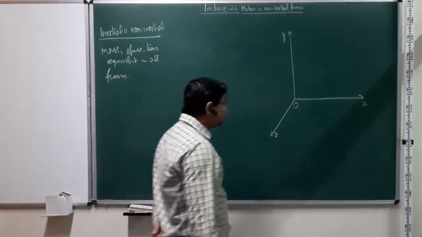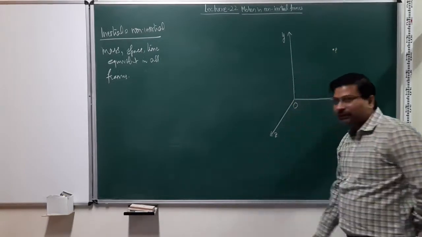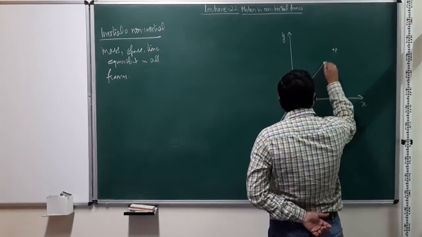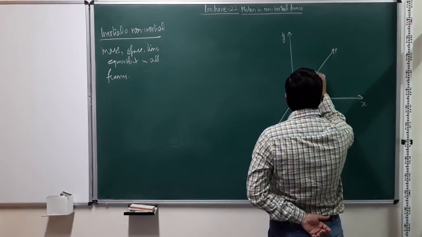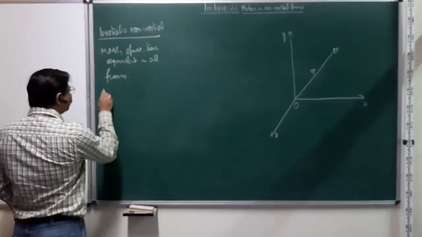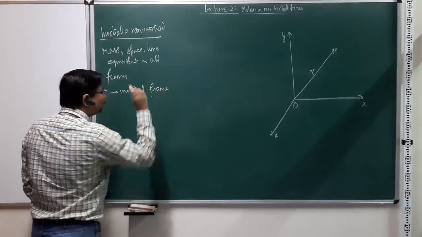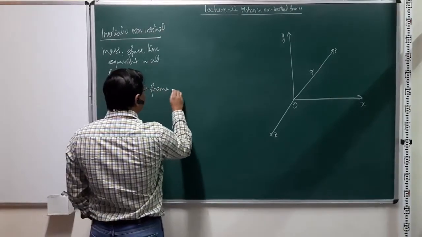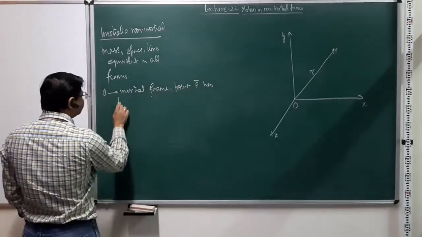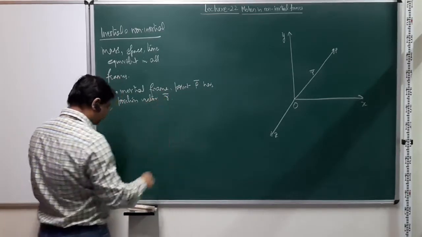Let us take a point particle here, call it P. Now, to describe the state of the system, what we need is the position vector of the system in this coordinate frame. So let us say O is your inertial frame, and a point P has position vector, let's say, R.